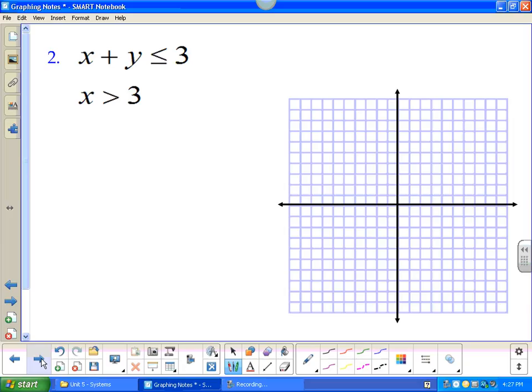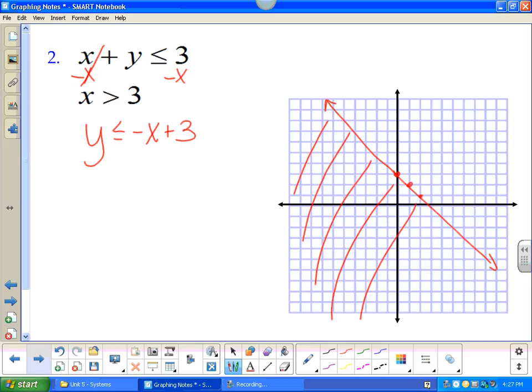Okay, to solve this one for y, we're going to subtract x. No flipping. So to graph that one, I'm going to go up 3, down 1, right 1, solid line, and shade less than. So that's all of that.